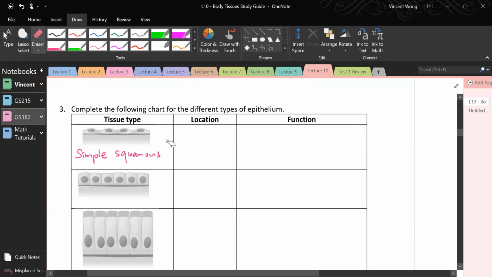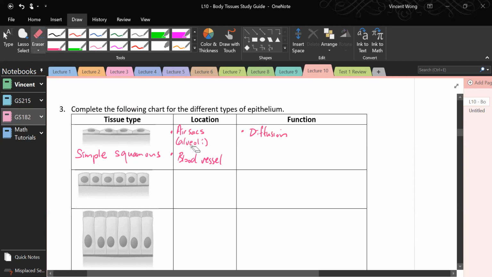The location in the body where you will find simple squamous would be places like the air sacs in the lung. We call that the alveoli, as well as blood vessels. Because they are very flat and you have a single layer of it, they are perfect for things like diffusion.